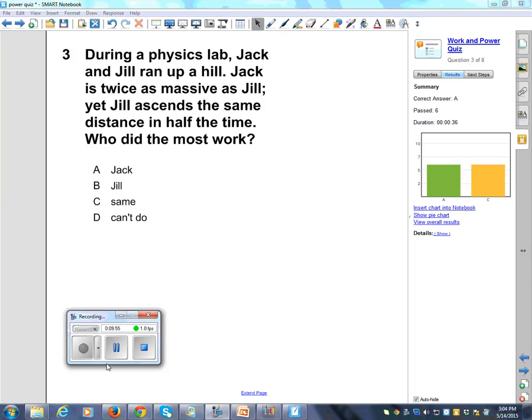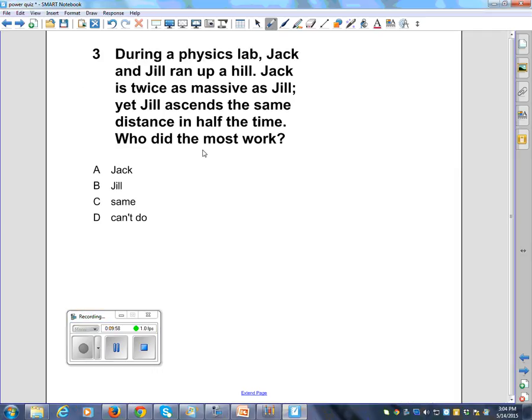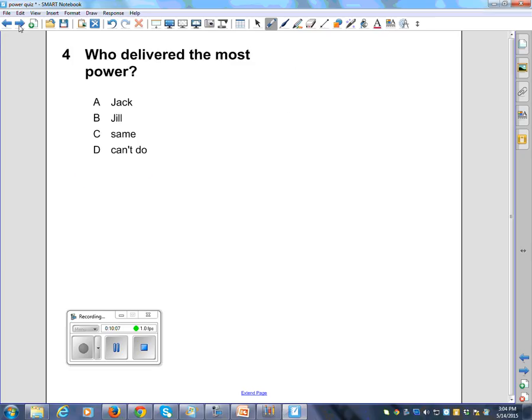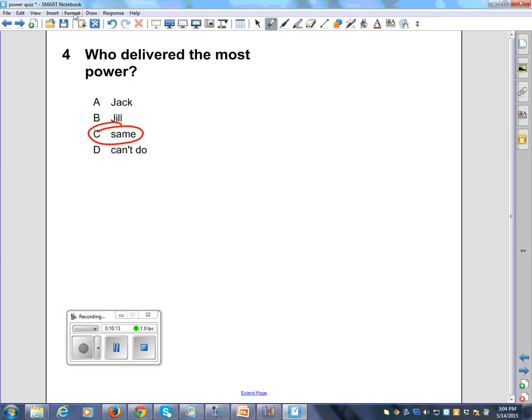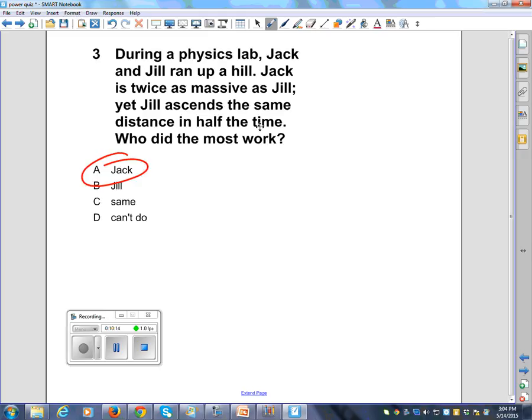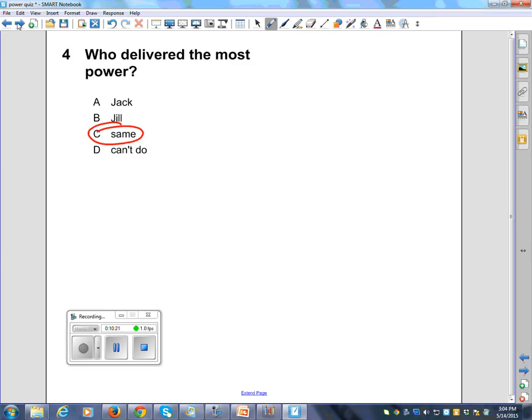He's at the same height and twice as massive, so he does twice as much work. But which one is more powerful? The correct answer is C. They are the same because she's half the weight, but does it twice as fast. So it works out. They're both the same power.